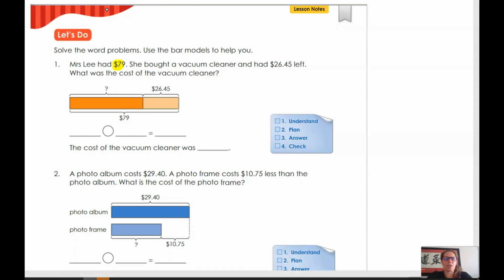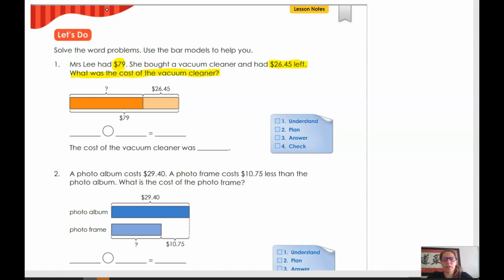Mrs. Lee has a total of $79 and she bought a vacuum cleaner and she had $26.45 left. See, this is why we need to read it more than once. So what was the cost of the vacuum cleaner? That's really important.